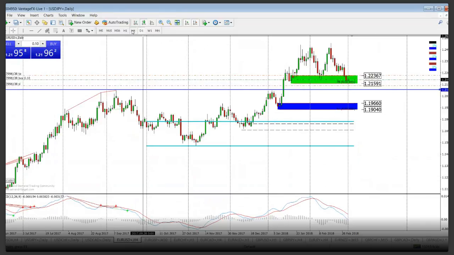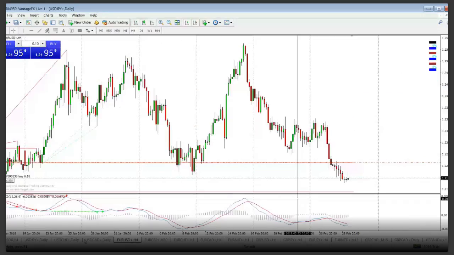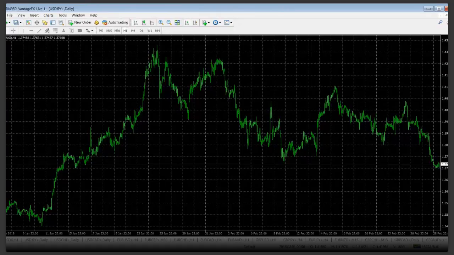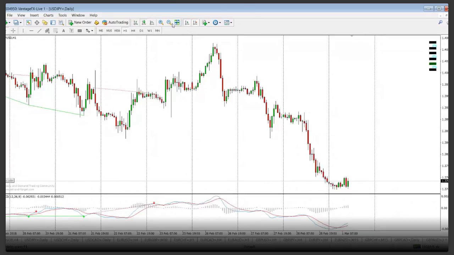So Euro USD short term. British pound USD. Okay, British pound USD.